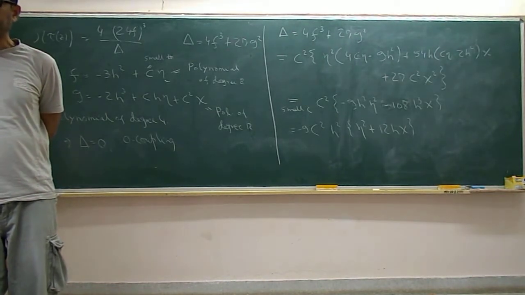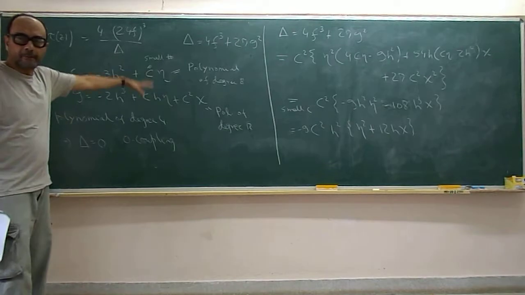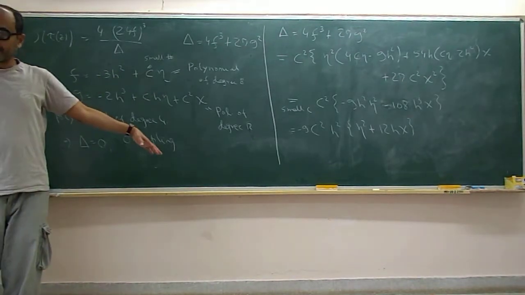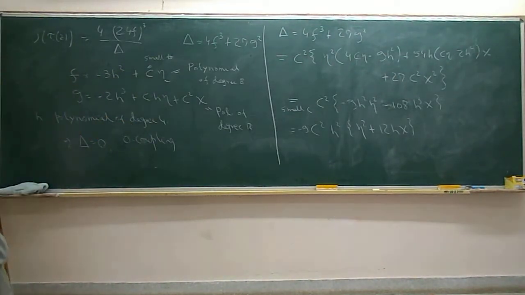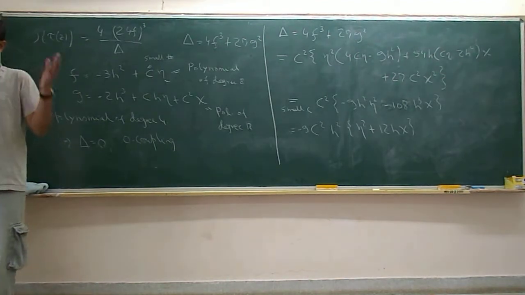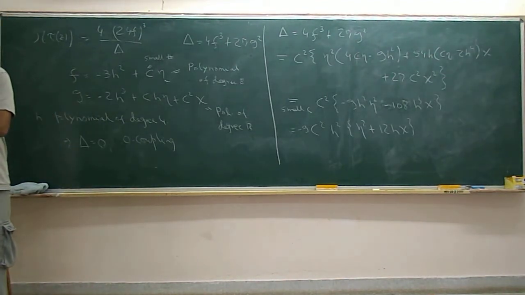Before you have taken the limit, this is a completely general parameterization. The question you could have asked is if we are using a specific parameterization that doesn't cover the full space of f and g, then you would worry. Then some part of the orientifold is not covered, some part of F theory moduli space is not covered. For a general c, F theory moduli space is completely covered.